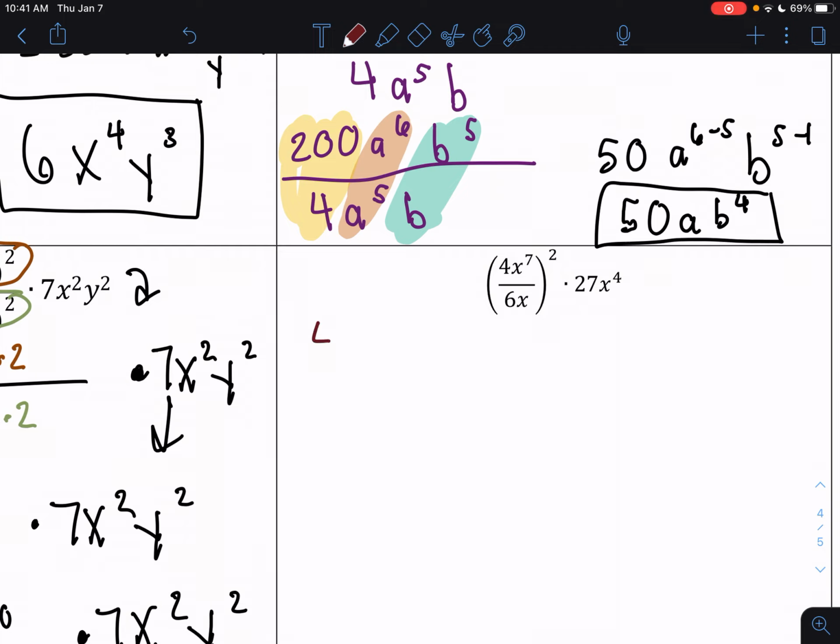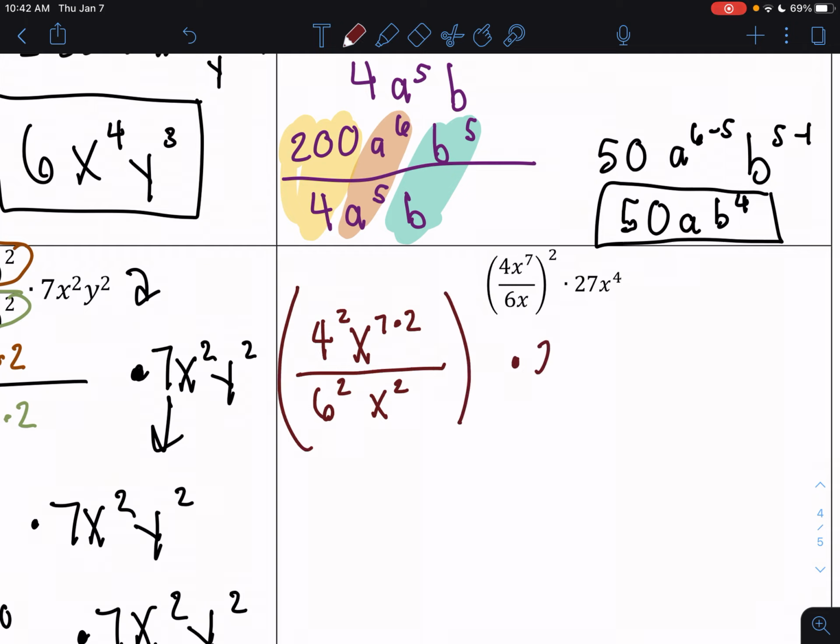So we would have 4 squared and then x to the 7 times 2, but we also have to apply that to the bottom one. So we'd have 6 squared times x to the 1 times 2, or just x squared. Right, and this is our fraction part now, times 27x to the 4th.